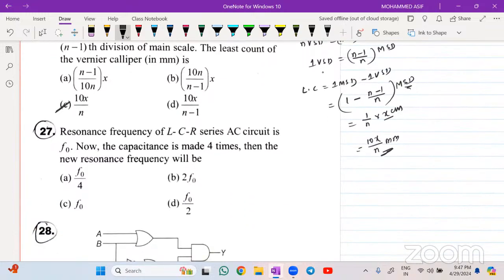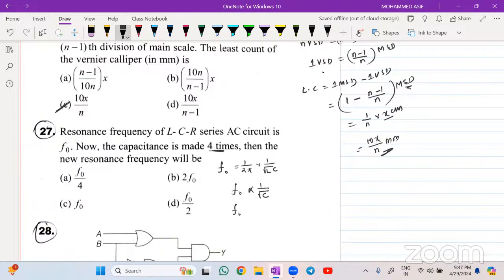27. The resonance frequency of an LCR circuit, AC circuit, is F naught. Now the capacitance is made 4 times. Then the new resonant frequency will become how much? Anyone, beta? What is the formula for resonant frequency? F naught is equal to 1 by 2 pi into 1 by under root of L into C. That means resonant frequency is inversely proportional to root of C. Isn't it?